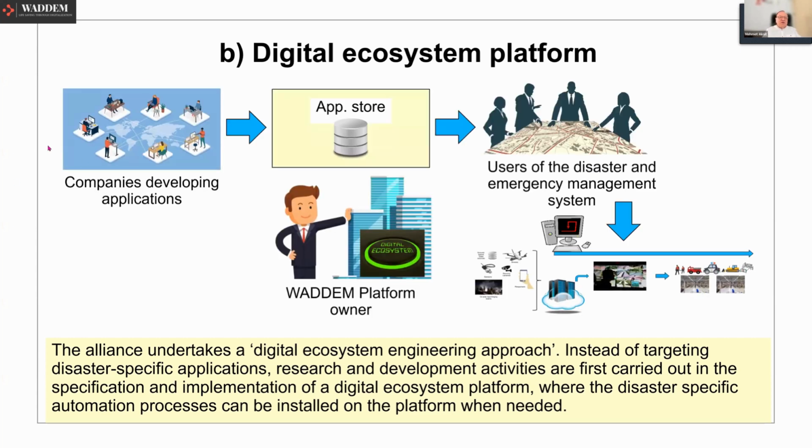So this part symbolically shows the companies developing applications. They provide their applications and they are available, let's say, at the application store. Of course, to do that, they must fulfill certain requirements of the platform. The application store is installed on the top of the platform.